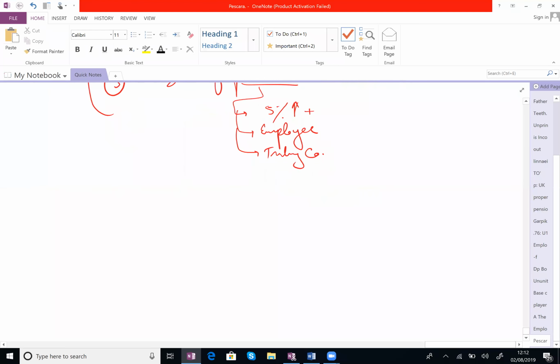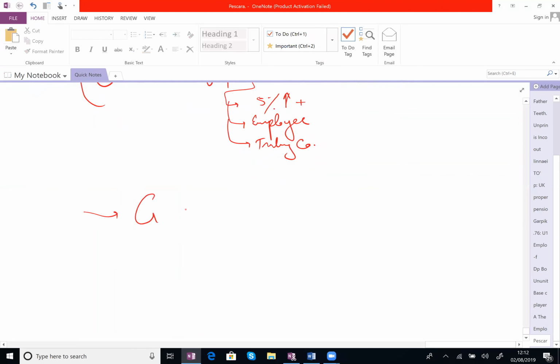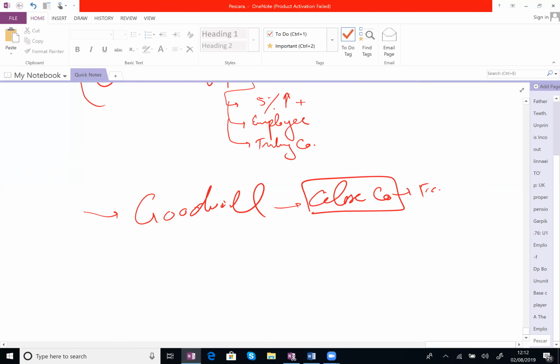Entrepreneur relief is also available on the sale of goodwill of a close company. Close company means just like a family company. What is a close company? I will discuss it in corporation tax. But right now you have to remember it is just like a family company.